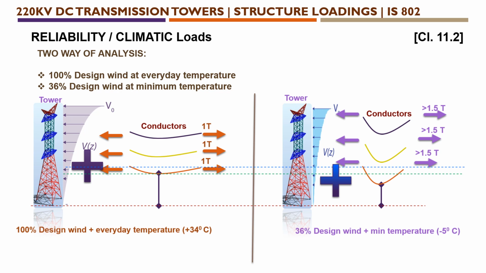It will range from minus 40 degrees to minus 60 degrees Celsius. At that time, the conductor tension will be 4 to 5 times bigger than the tension at everyday temperature. So we need to do the two ways of analysis in reliability loads for better design.